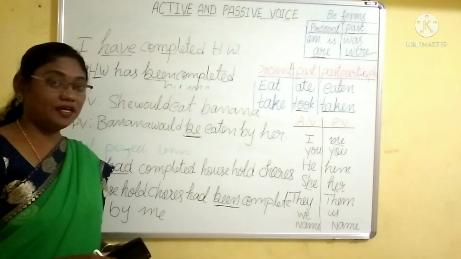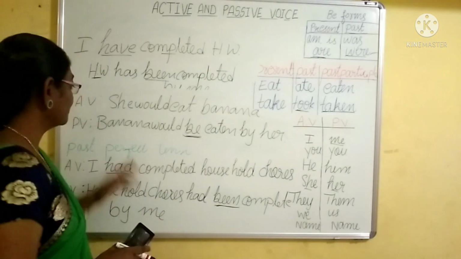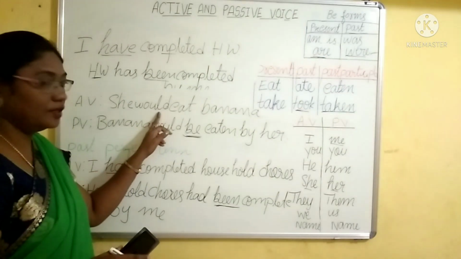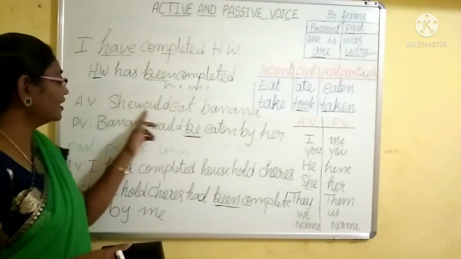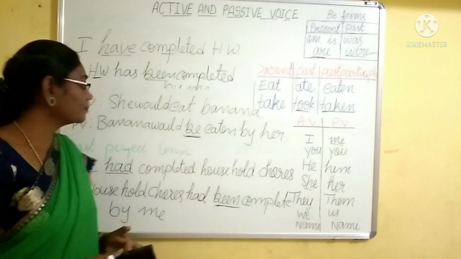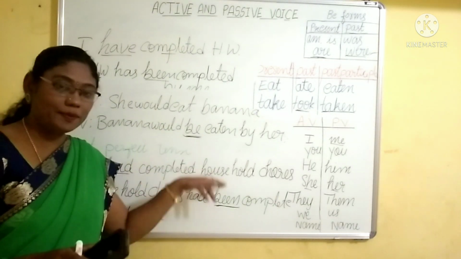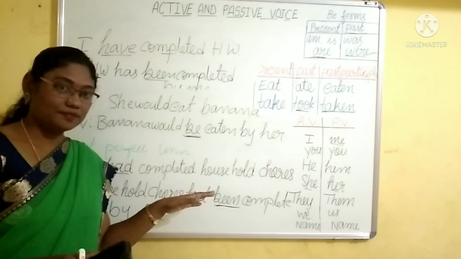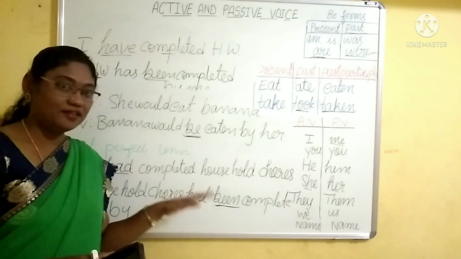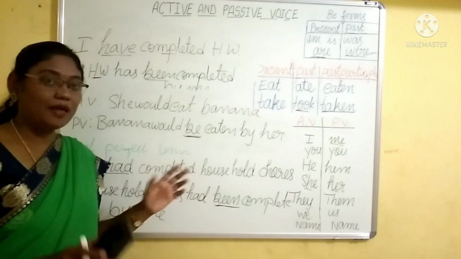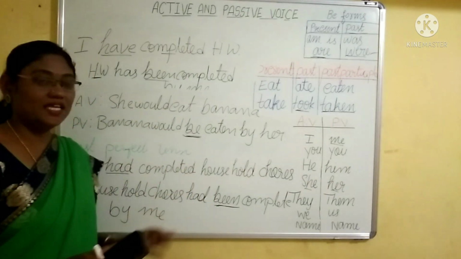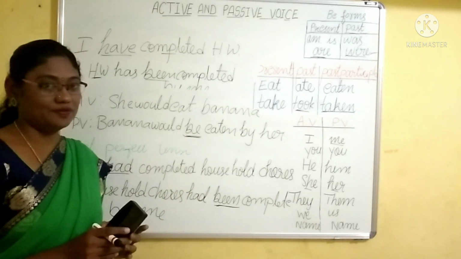Is it not an easy method? If there is would, you add would be. If there is will, you add will be. If there is could, could be. Should be. See, we have to add be when there are modal verbs.